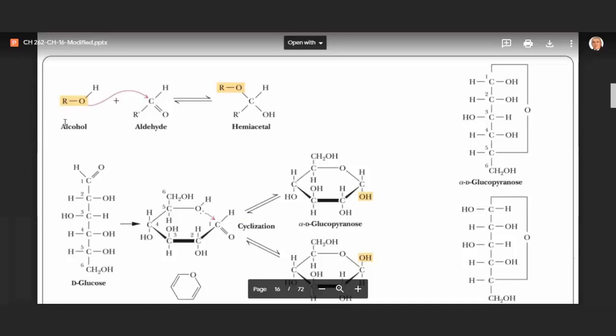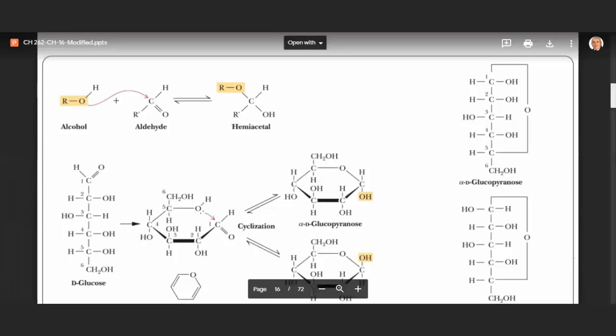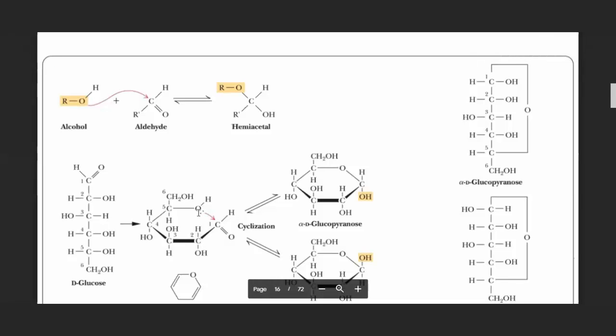Now usually in organic chemistry reaction between alcohol and aldehyde gives hemiacetal. Now if the two functional groups are on the same molecule, for example here reaction between carbon number 1 and the OH group of carbon number 5, the oxygen acts as a nucleophile and attacks the carbonyl carbon, and since there is free rotation around this aldehyde group, we have two possibilities.